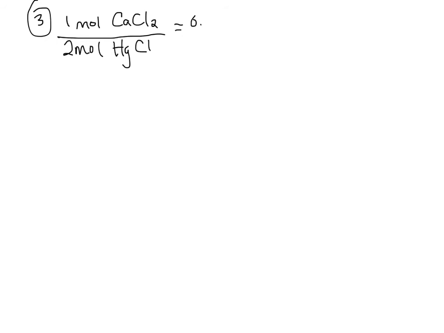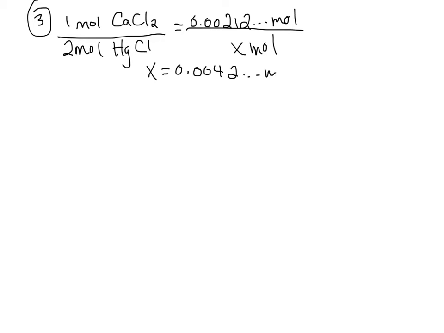We figured out we had 0.00212 moles of calcium chloride. We're trying to find the moles of mercury(I) chloride. Solving this then gives us 0.0042 moles of mercury(I) chloride. Okay, so that's our calcium chloride.